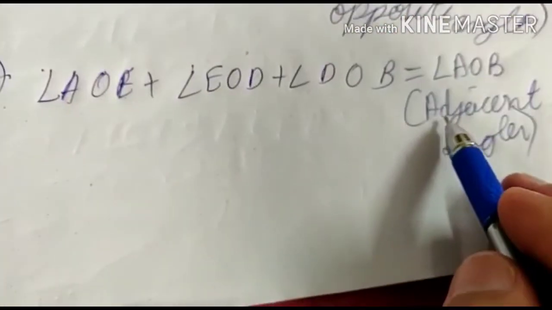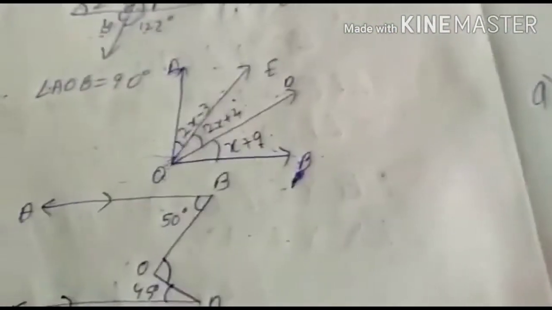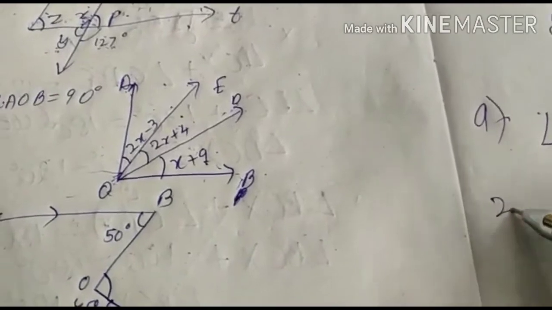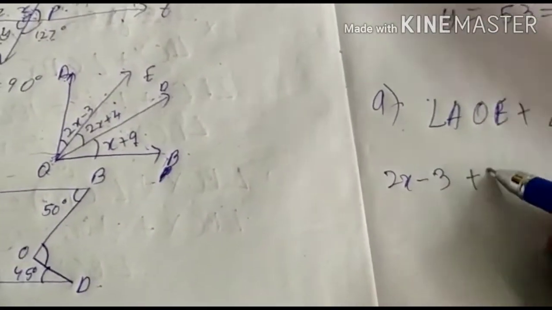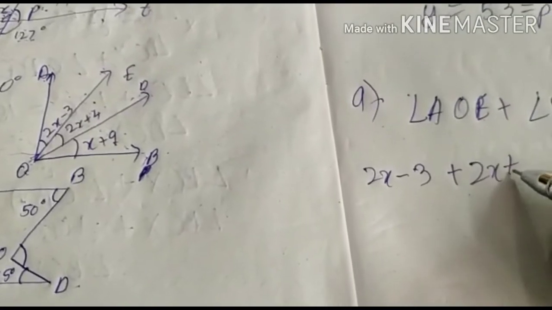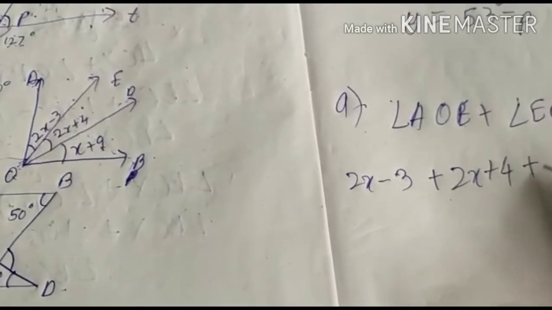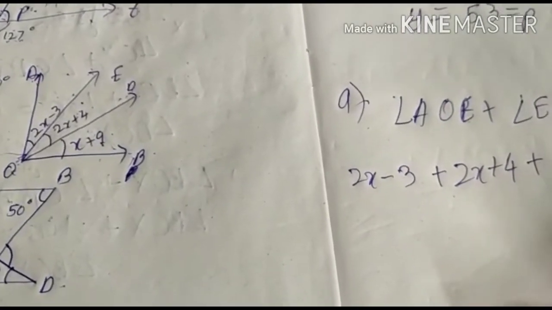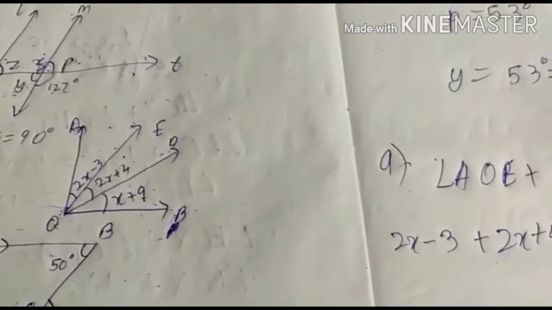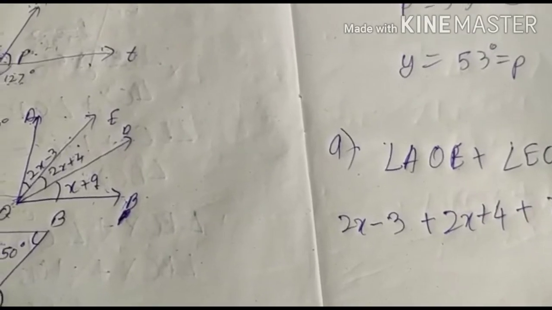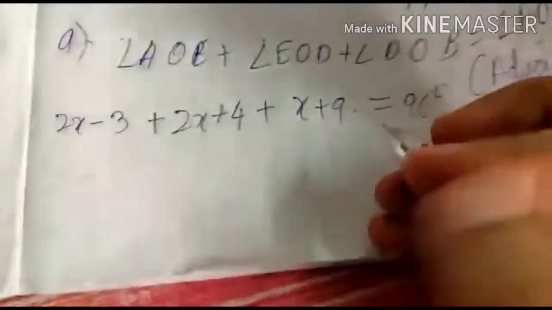Here angle AOE is 2x minus 3, EOD is 2x plus 4, DOB is x plus 9, equals AOB, which is given as 90 degrees. So you have to find the value of x here.